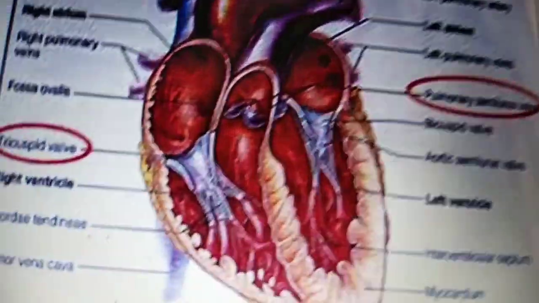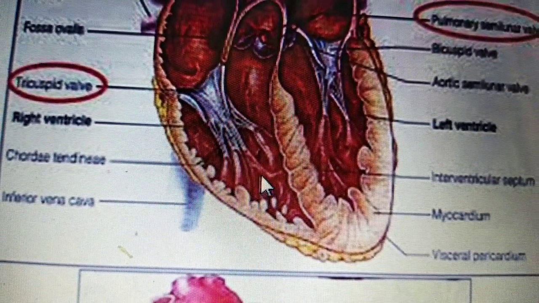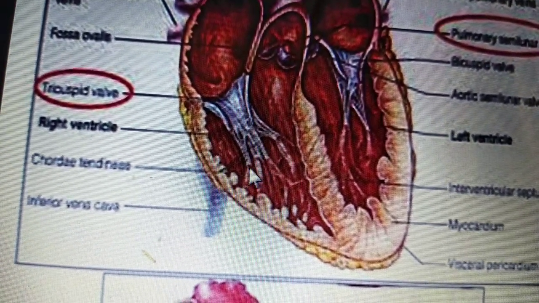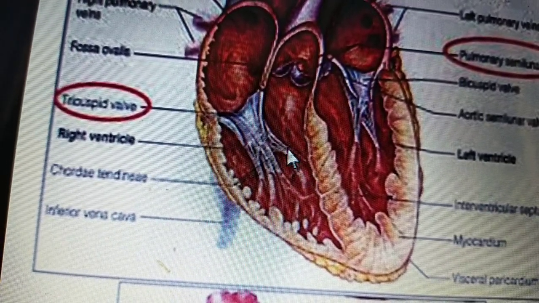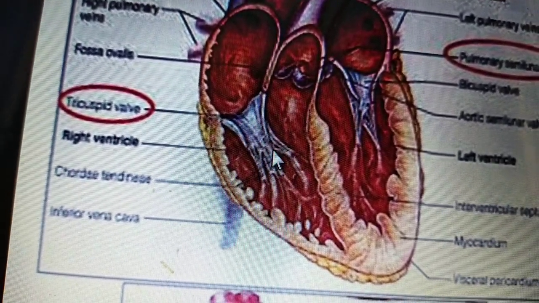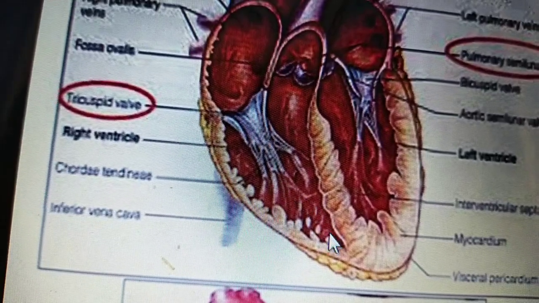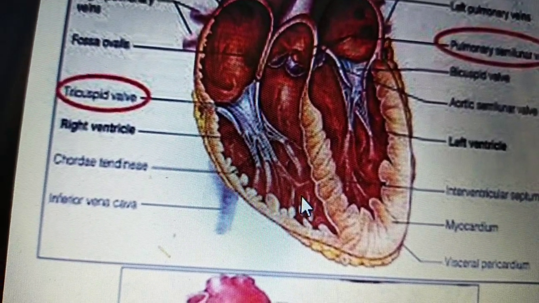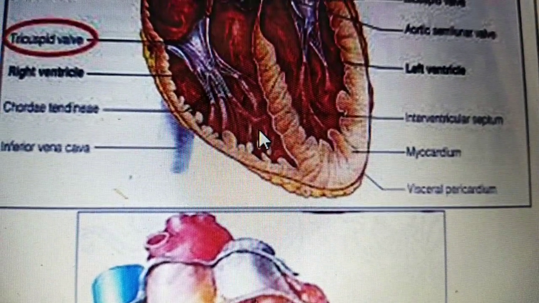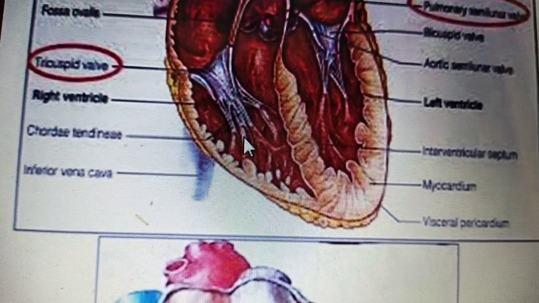You can see here also these three, and these are the chordae tendineae. And these irregular, fixed projections are called what? Trabeculae carneae, papillary muscles, chordae tendineae.